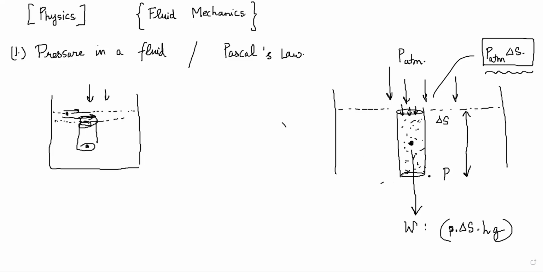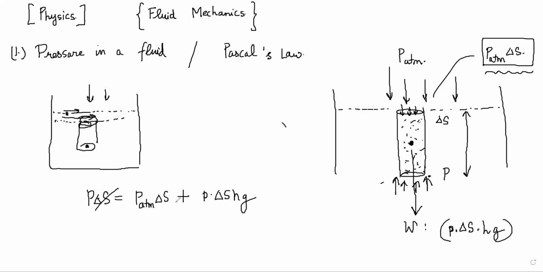And if it is in equilibrium, then there must be a pressure force upward here, right? If it is in equilibrium, then P del S must be equal to P ATM del S plus rho del S h g, right?